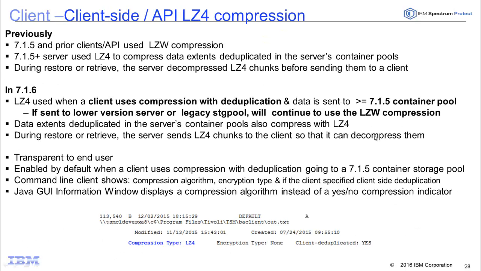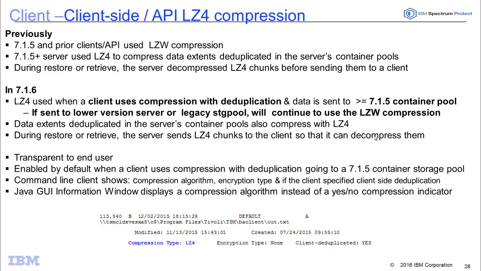The next new enhancement on the client and API is LZ4 compression. Previously, the client and API used LZW compression. In version 7.1.5 on the Spectrum Protect server, we introduced the ability for server container storage pools to utilize LZ4.